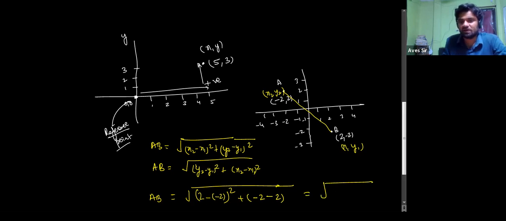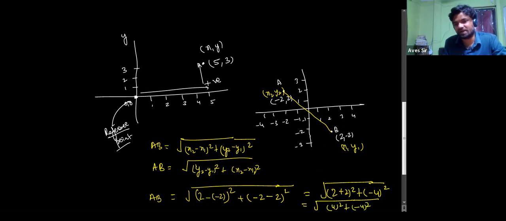So you can write 2, this minus minus will get plus, so plus 2 whole square, plus again minus 2 you will get minus 4 whole square. Okay, so you can write under root of 4 whole square plus 16. Yeah, you can write here again minus 4 whole square.